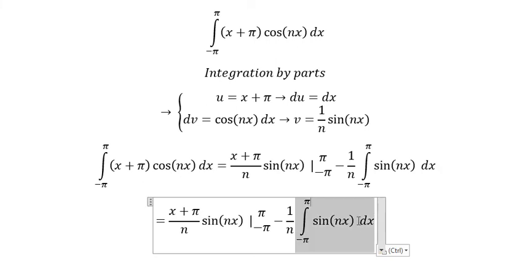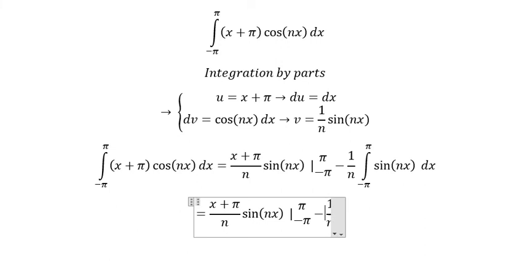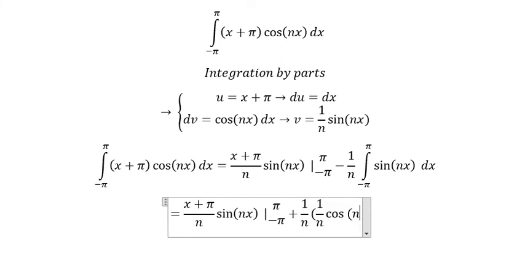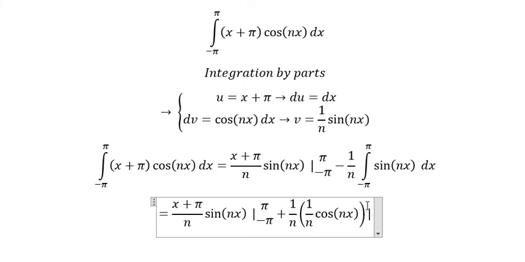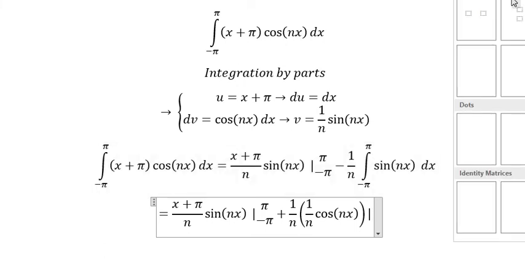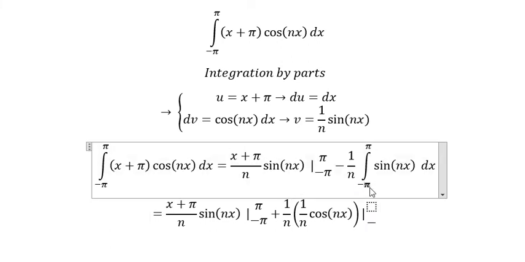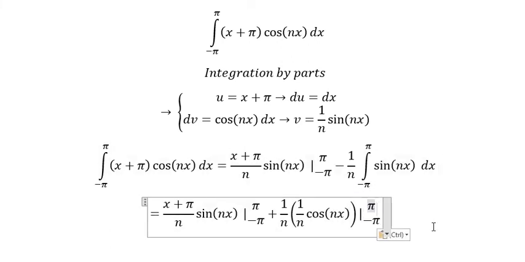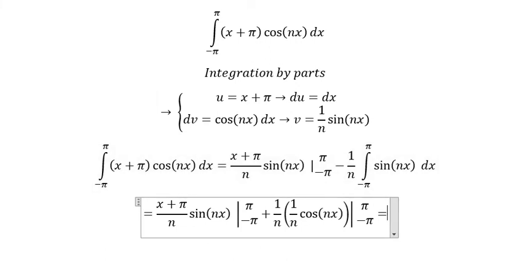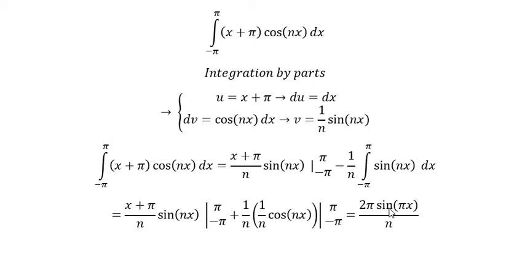The integration of this one, with the negative in here, is positive 1 over n cosine nx, and we put the bounds from negative b to positive b. So if we calculate this one, we have 2b sine bx over n.